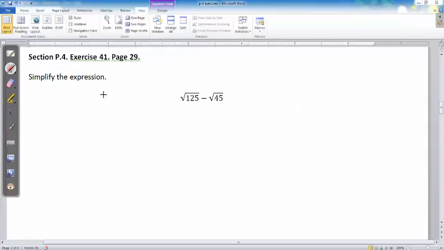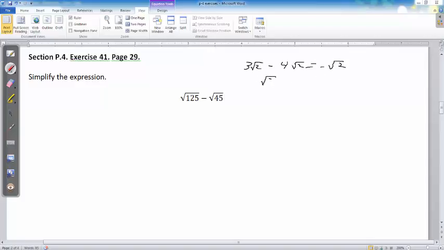Here we're subtracting roots. If you're going to subtract roots, it's a lot like subtracting like terms. You can only do it if you have like roots. So for example, 3 root 2 minus 4 root 2, I could subtract it just like 3x minus 4x and get -1 root 2.